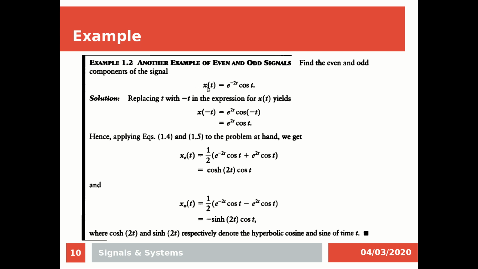So our example here has two parts, even and odd components, which we can get and express using different functions. So I can't say that this function or this signal is a pure odd or a pure even function.